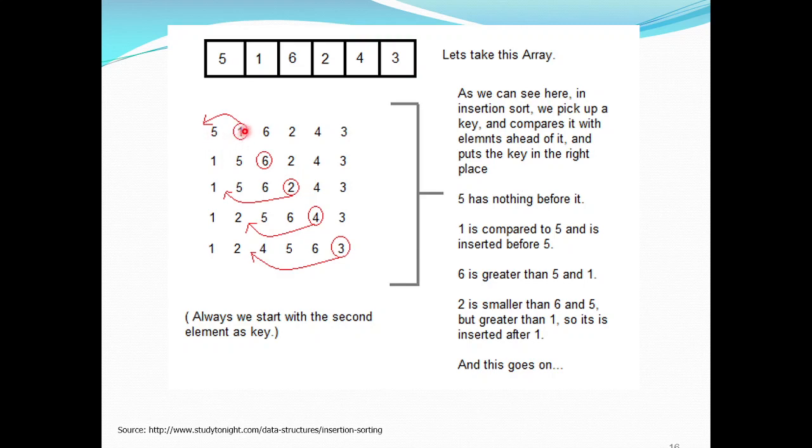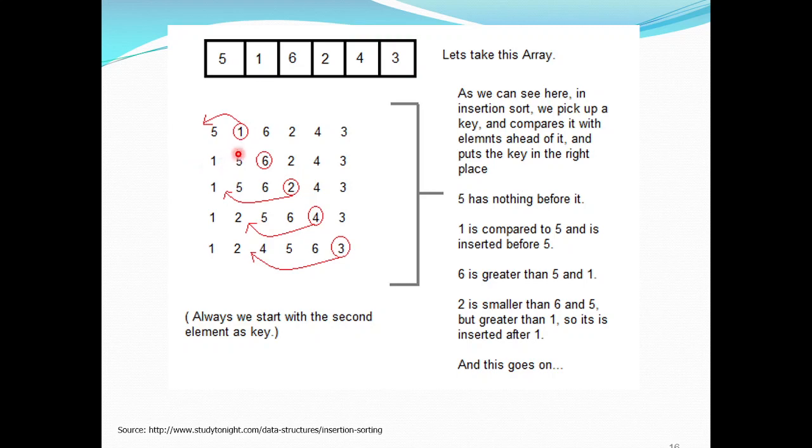That means we need to move 1 to the beginning of the list, and 5 moves backward. These two elements swap, exchanging values, so it becomes 1 and 5.